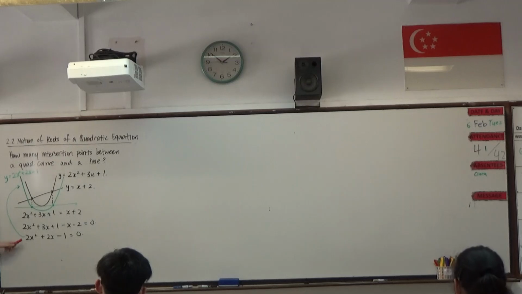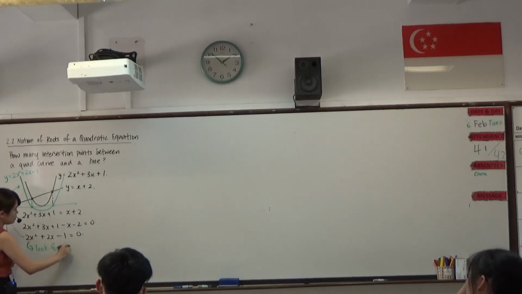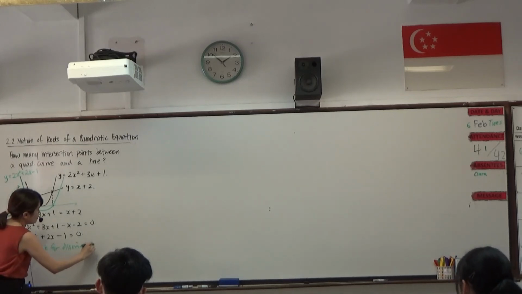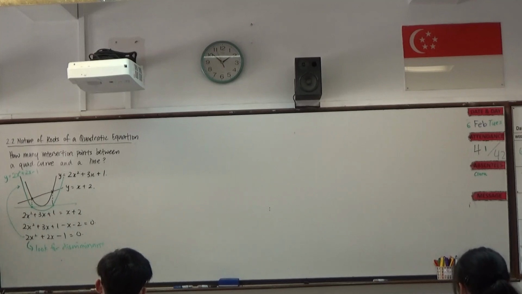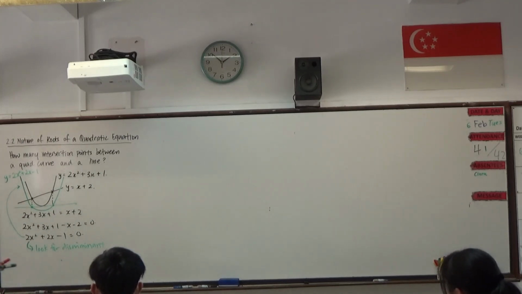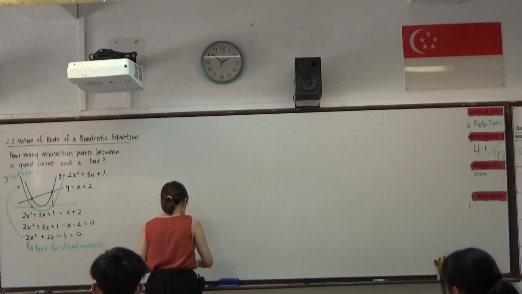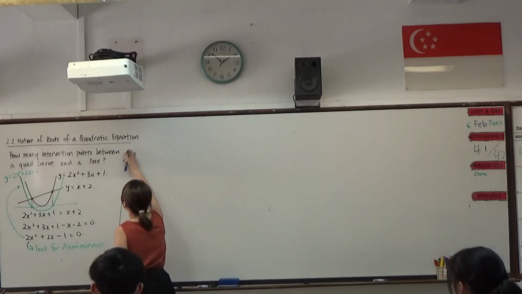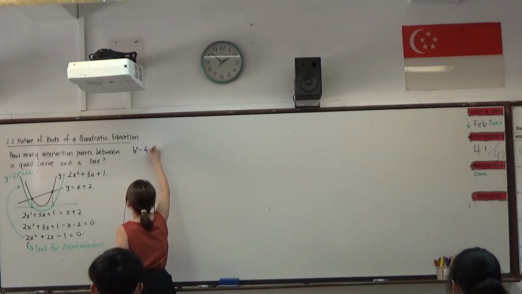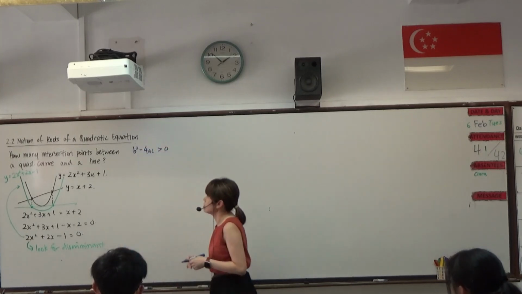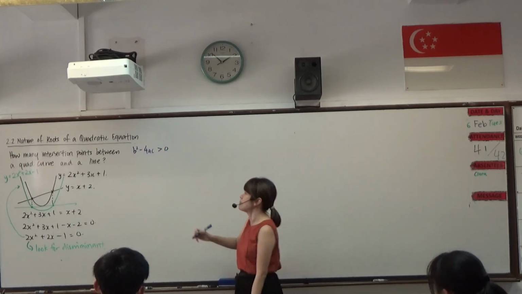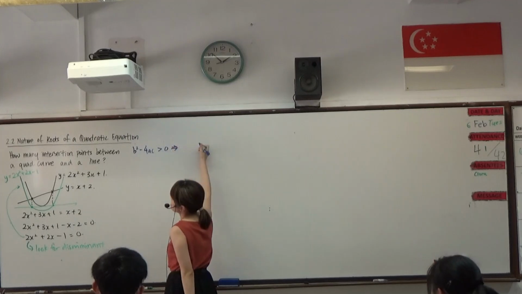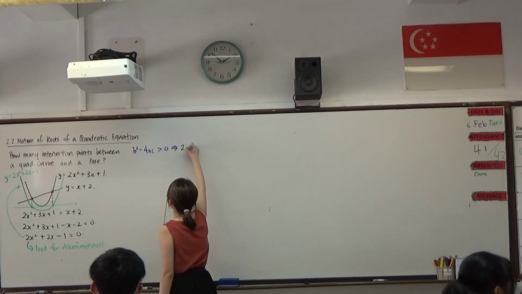That's why looking for the discriminant of this new equation will tell us how many intersection points there are. In our previous lesson, we very hurriedly ended off by saying that when the discriminant of the new equation is more than 0, there are two intersection points.